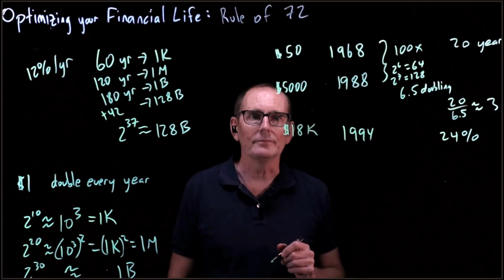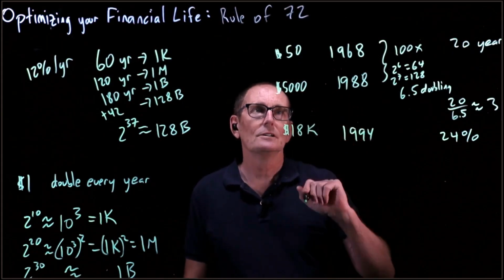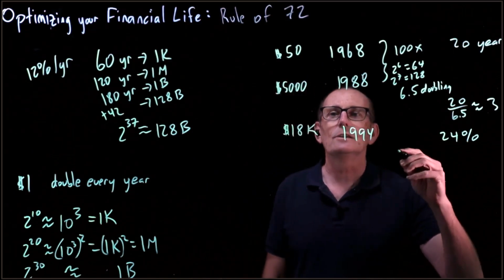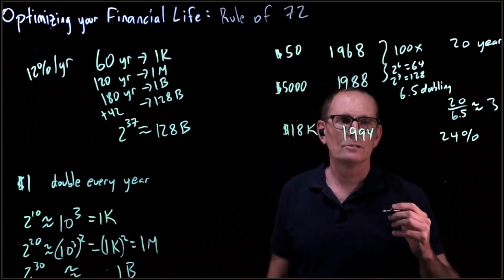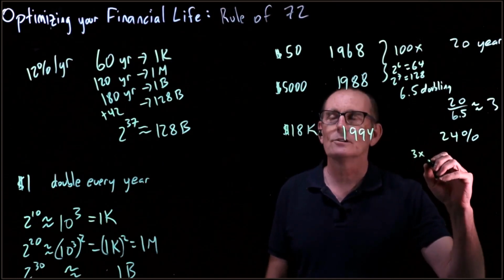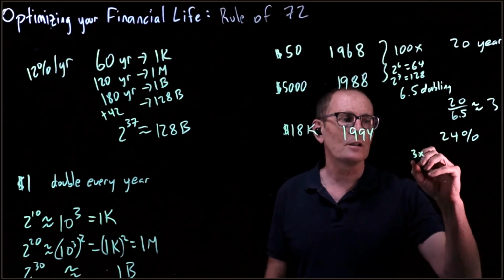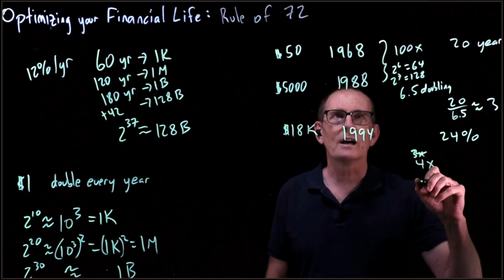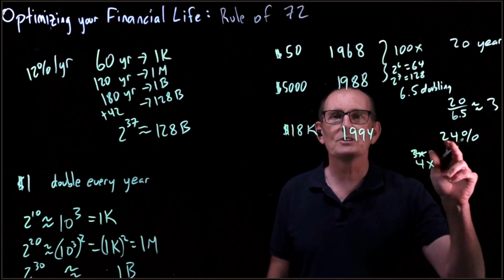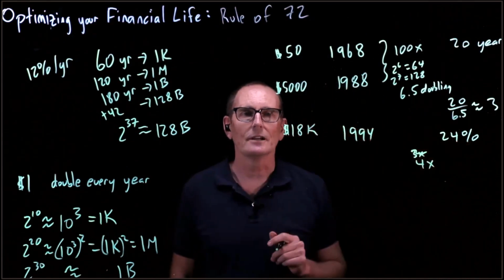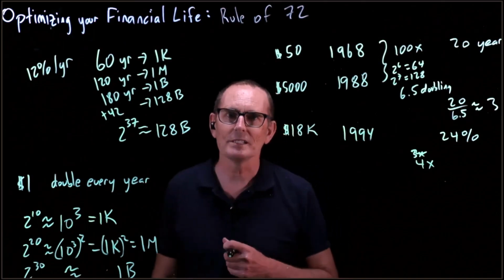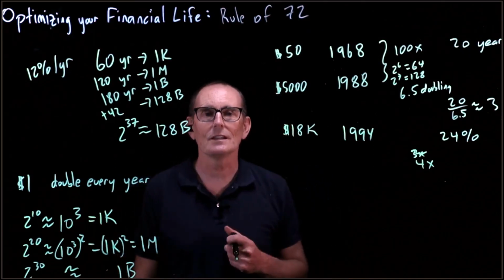And I thought to myself, so this did between tripling and quadrupling in 6 years. Okay, so let's just call it 3 times. Well, 3 times is kind of hard because it's not a power of 2. Let's say 4 times in 6 years. So that means, again, 24% to get to here. And then I thought to myself, well, it's a shame I missed out on that. That would have been a good thing to have invested in.